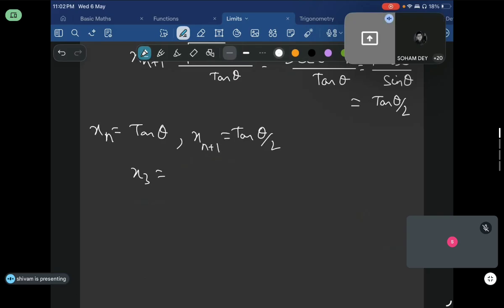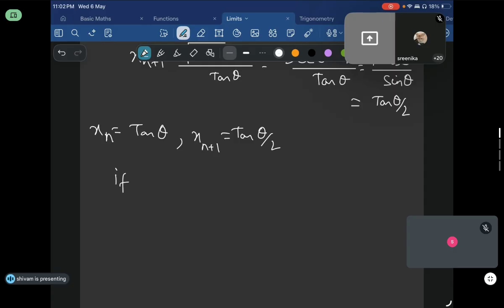Pay attention. Tell me, Soham. Yes, sir. Others, are you getting? Yes or no? Abhipsha, Abhigyan, Anvesha, Joyatra, Rashesh, Madhurjo, Ritam, Shamili, Shirika, Shijita, Shavankit, can you understand that if xn is equal to tan theta, x(n+1) is equal to tan theta by 2?